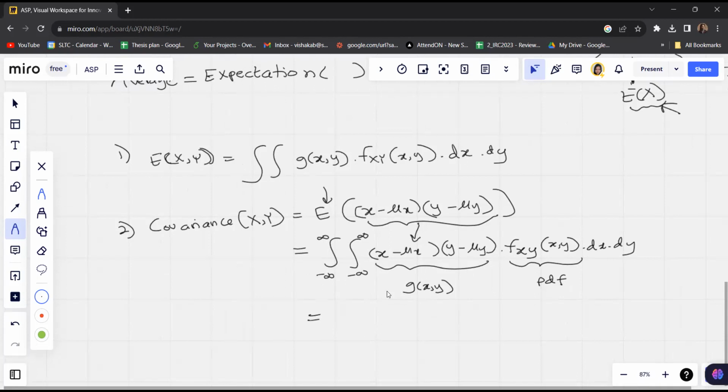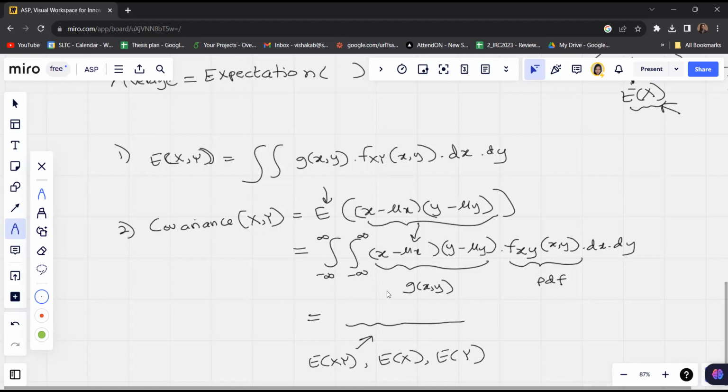I want you to find the covariance value using the expectation values of x and y. You can use the expectation value of x y, the expectation value of x, and the expectation value of y.